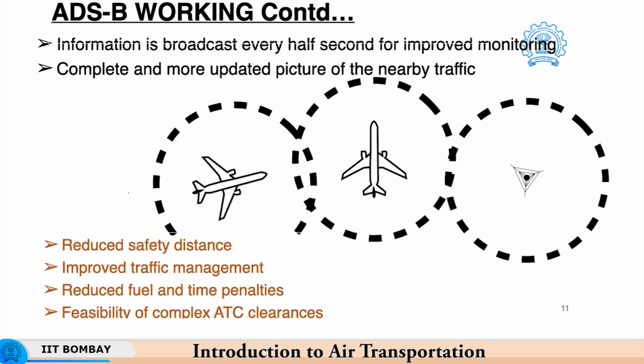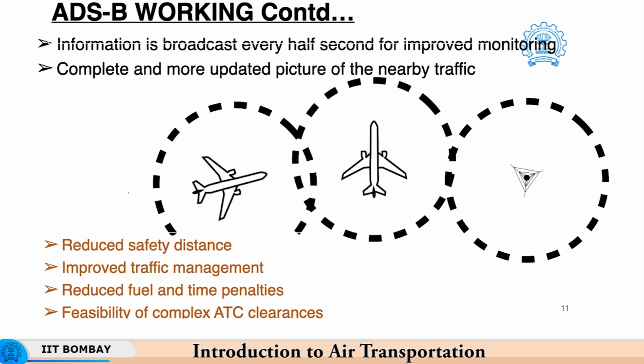So, because of the presence of such a technique, which is more automated and more efficient, many advantages are associated with the implementation of these techniques. Some of these advantages include the reduced safety distance.